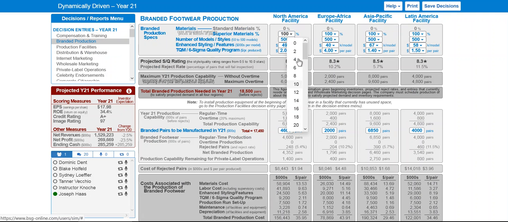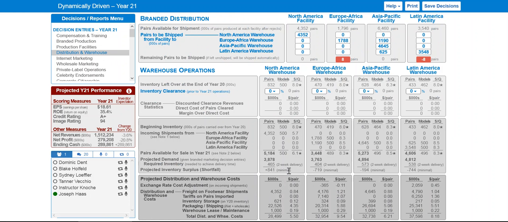So if I drop down the materials all the way to 10%, I go back over to distribution, and you'll see that the projected demand decreased.